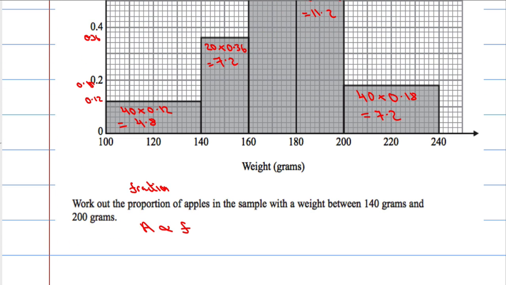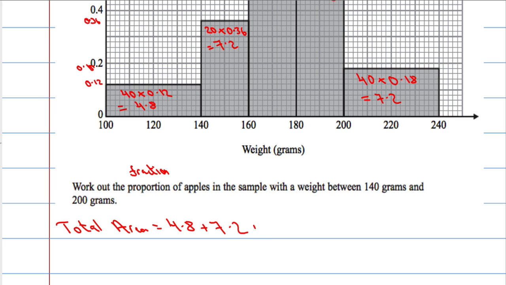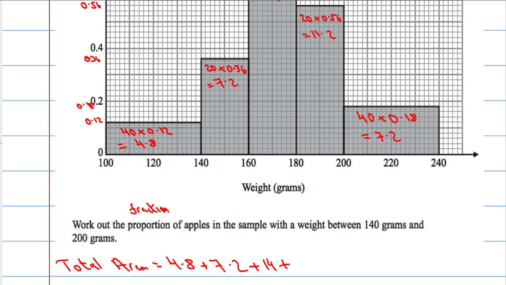Okay, so there's the area of each bar. Total area equals 4.8 plus 7.2 plus 14 plus 11.2 plus 7.2. And as before, use a calculator if you wish.